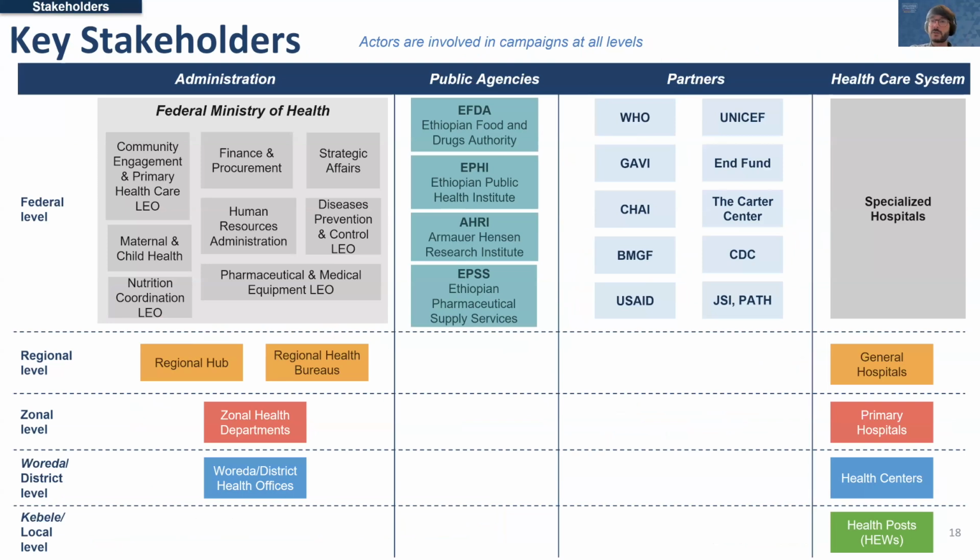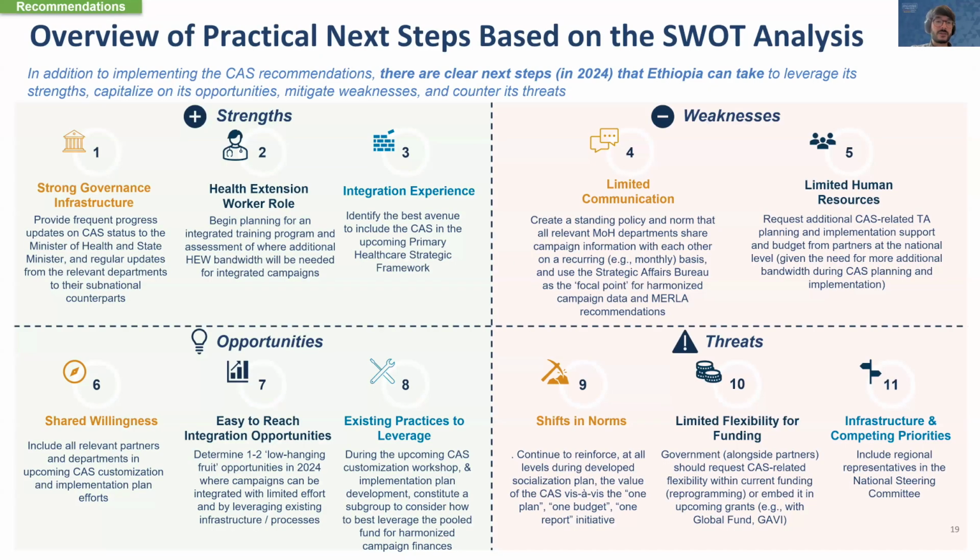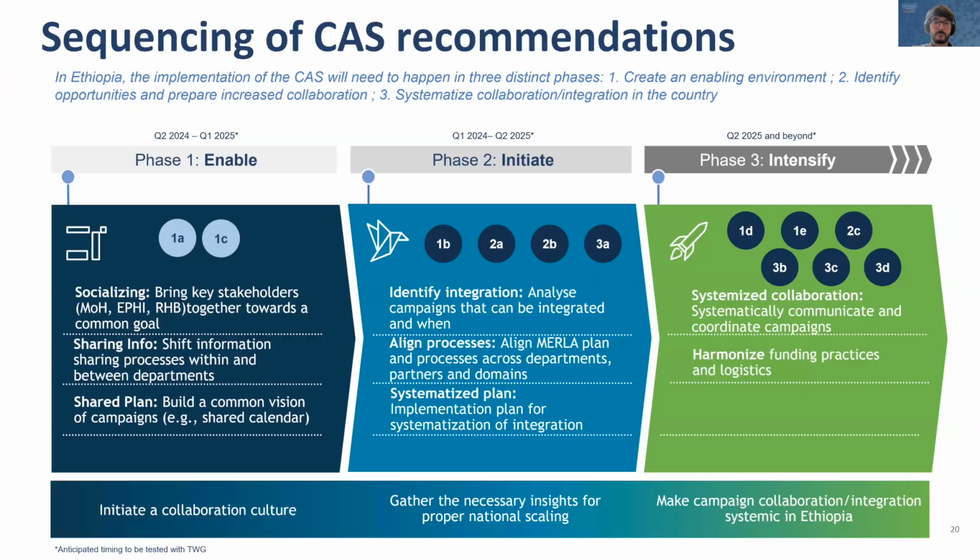As I mentioned, the key results of the feasibility assessment are messages on the strengths, weaknesses, opportunities, and threats in the country, and recommendations about how to undertake the recommendations from the CAS. For example, in Ethiopia, we identified 3 key phases. The first is the enabling phase: socializing, sharing information about the CAS, and trying to bring together a common vision of campaigns into a shared plan.